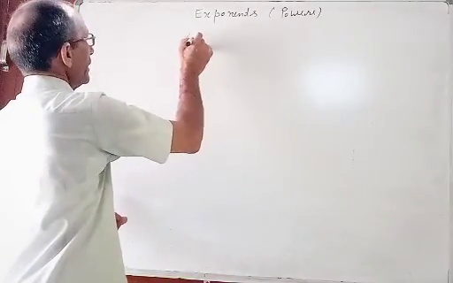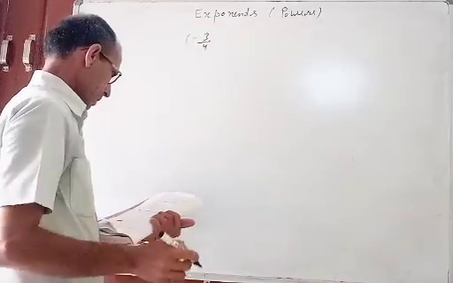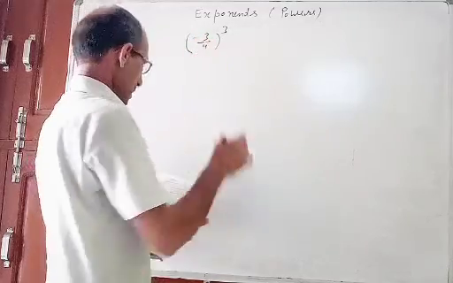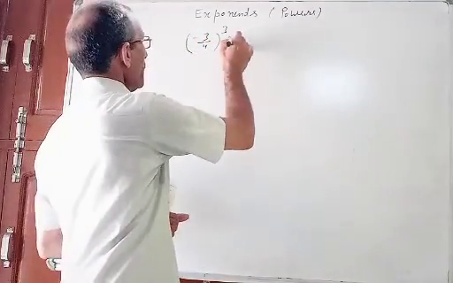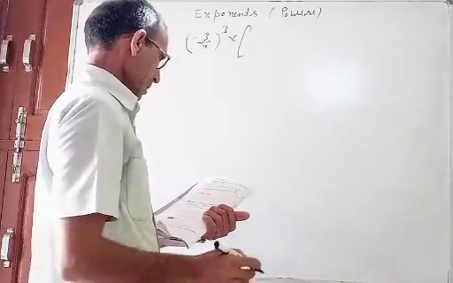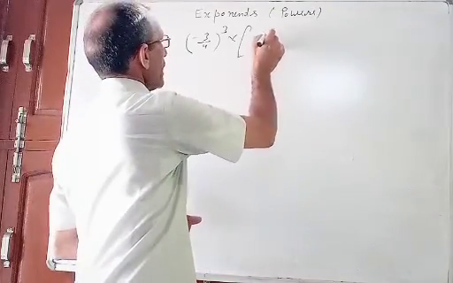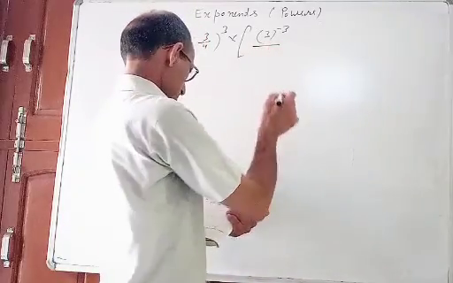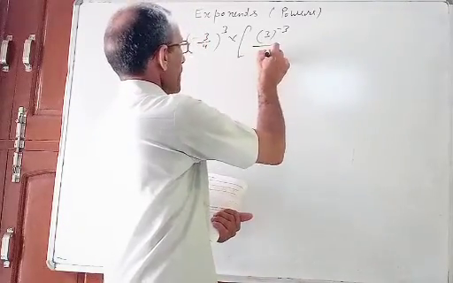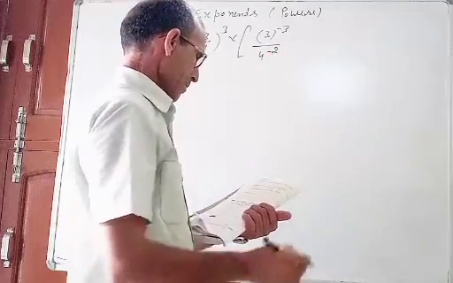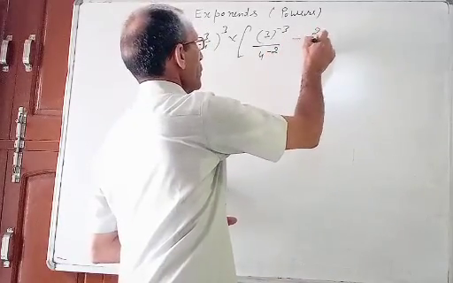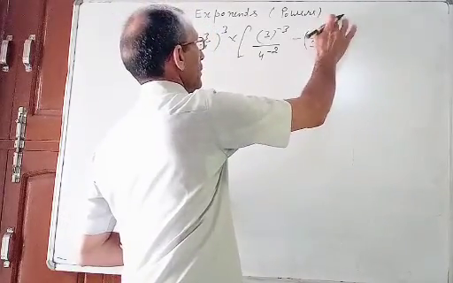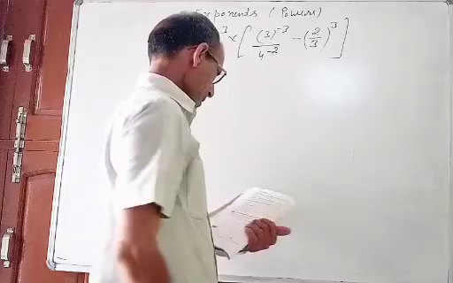Minus 3 by 4 raised to the power 3, multiplied by 3 raised to the power minus 3 by 4 raised to the power minus 2, minus 2 by 3, raised to the power 3.